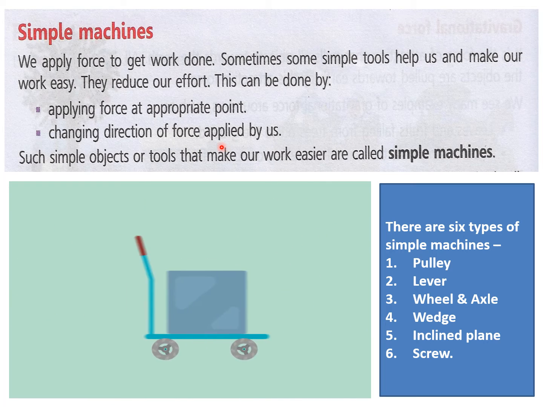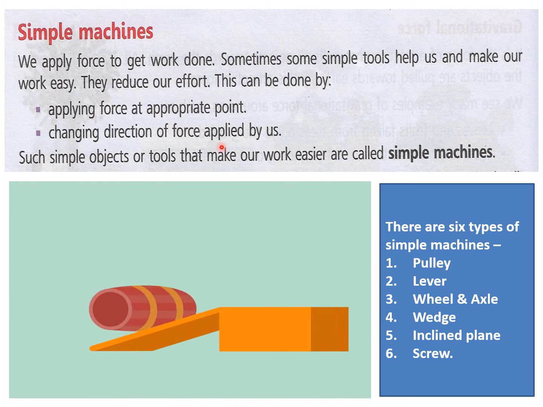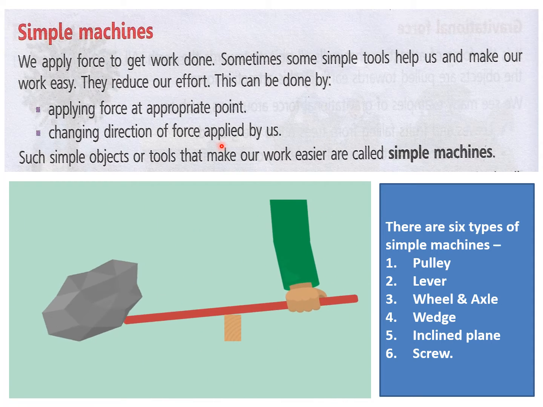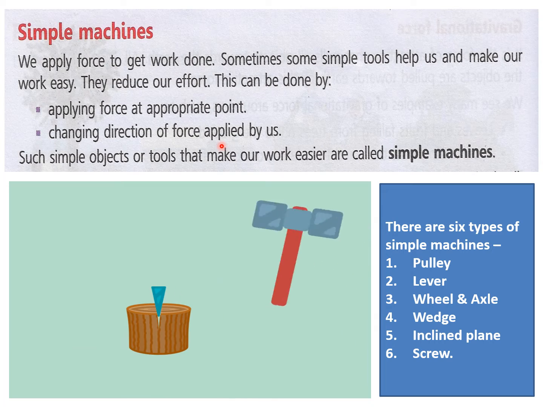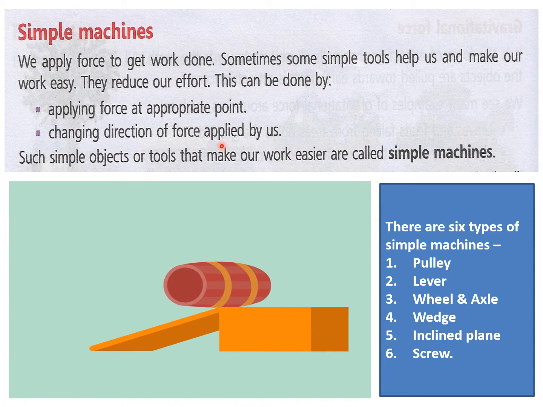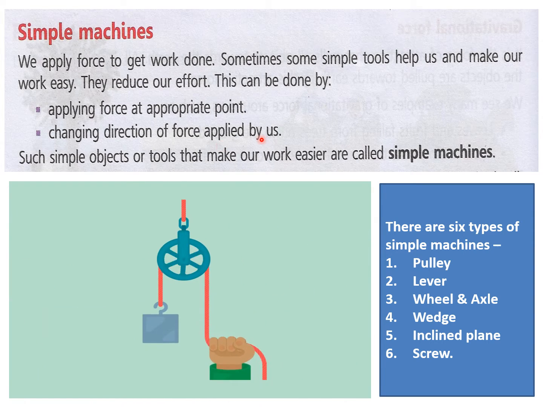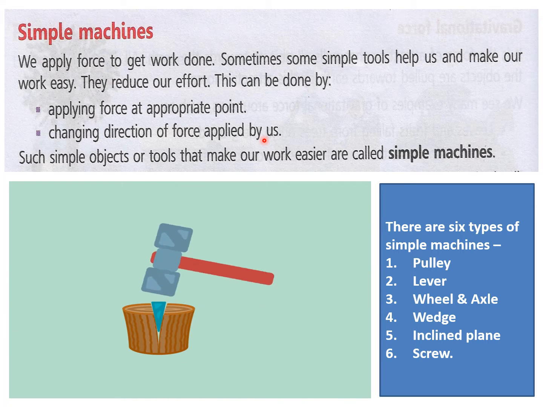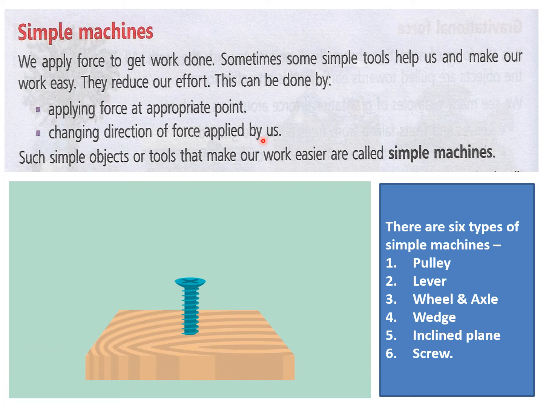Suppose we have to take water out of a well and there is no pulley. What will we do? We will pull the rope up with the bucket full of water from the well. When we are pulling the rope without a pulley, we are working against the gravitational force.